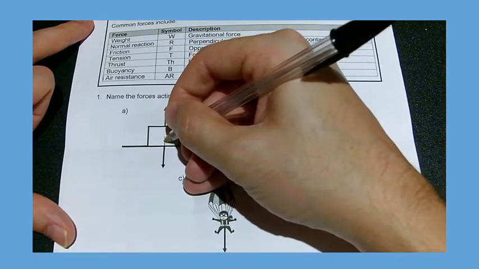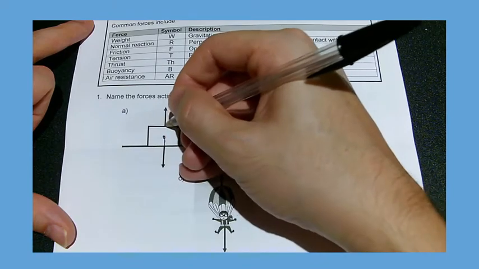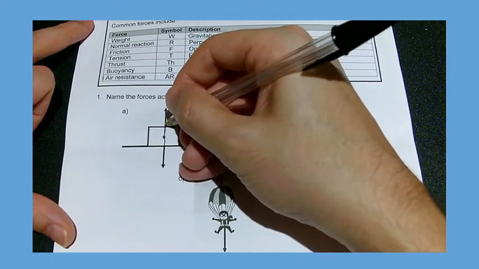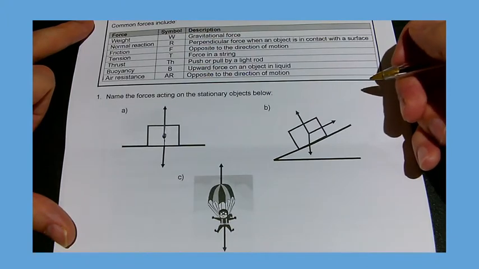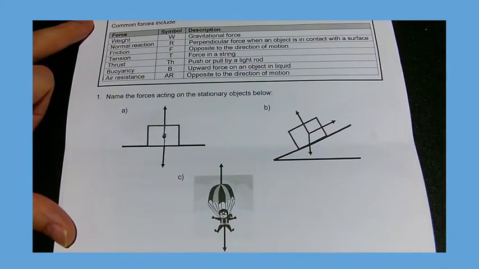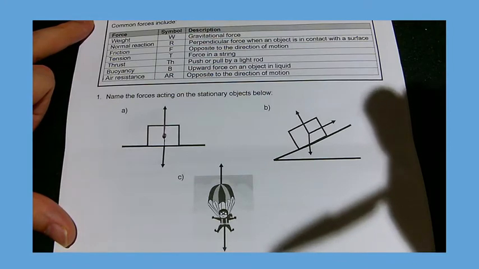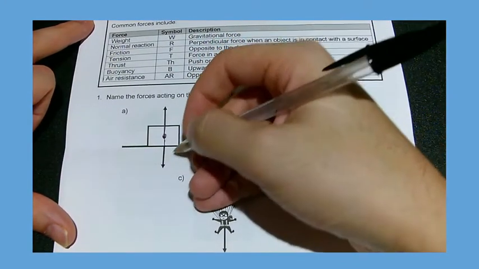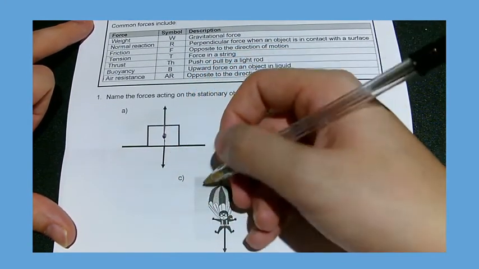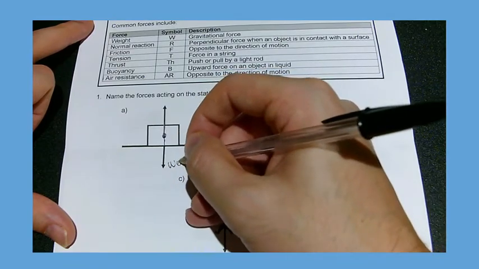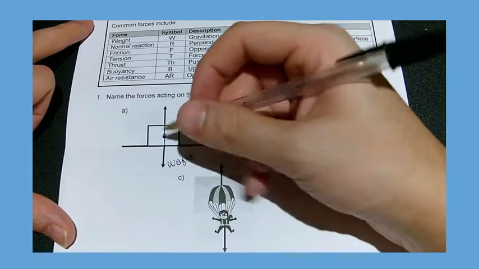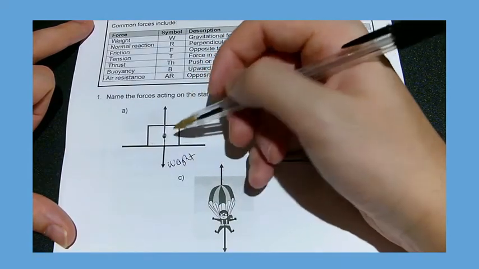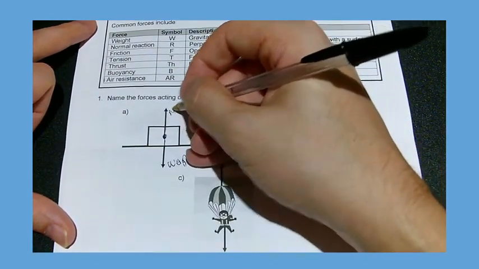I personally think it's better to draw forces coming from the center of your diagrams, okay? So I'm just going to extend that a little bit. Anyway, it's just a block sitting there on a flat surface. Obviously, there's a downward force, which will be the weight, okay? And then there's an upward force, and that upward force is the force of the ground on the object, which we'll call the normal reaction.